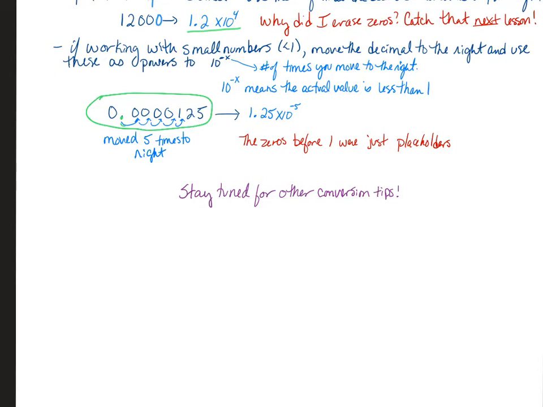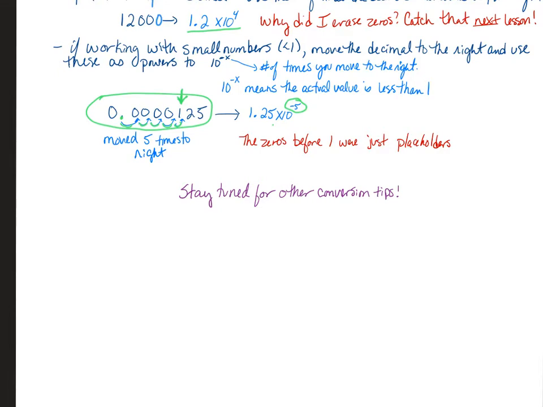And I'm going to move it over 1, 2, 3, 4, 5 times until it's after a whole number, because see how this guy is a non-zero? It's a real number. So how I write that in scientific notation would simply be 1.25 times 10 to the negative 5. If I'm moving that decimal to the right, it's negative.